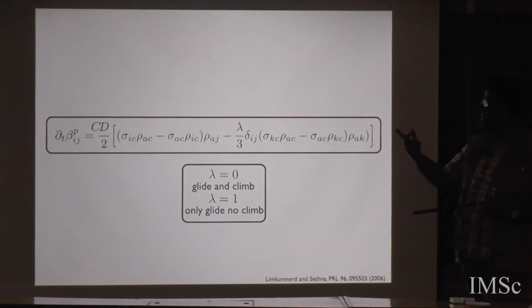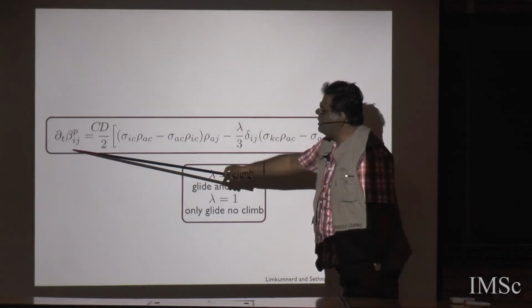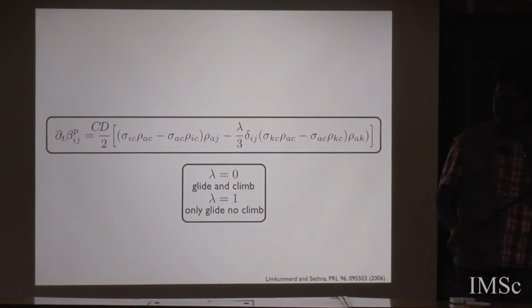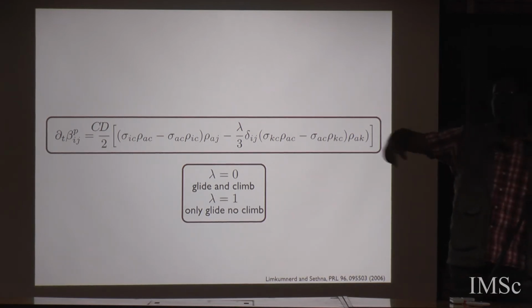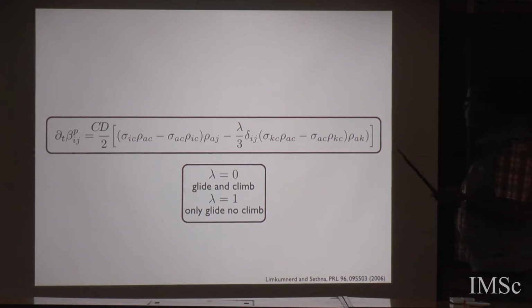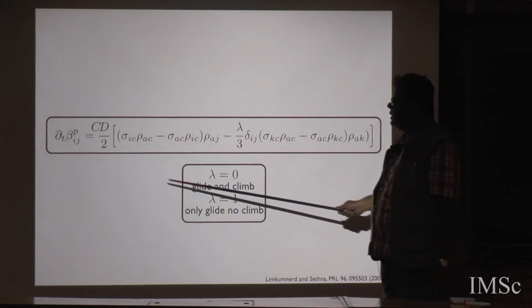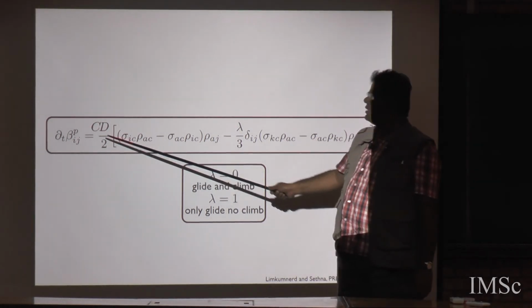So I have two equations now. Given the dislocation density, I can get the plastic distortion field and the stresses, and then the time derivative of the plastic distortion field itself. So this can in principle be solved self-consistently. The parameters which enter this are these mobilities.